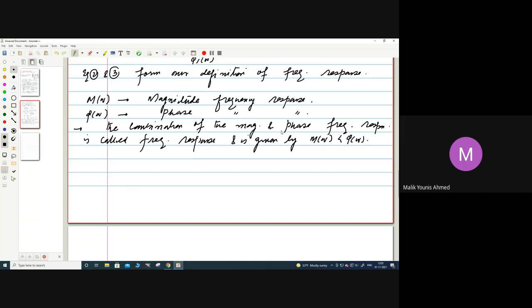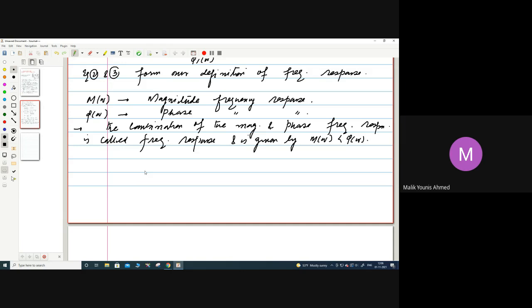So you have to remember it. The combination of both the magnitude frequency response and the phase frequency response is called the frequency response. Now, let us define the term frequency response.